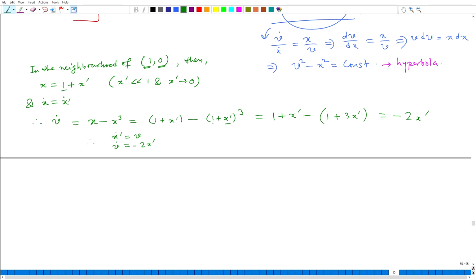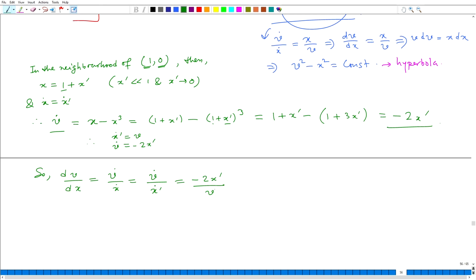You can simply write dv dx will be equal to v dot by x dot, and x dot you can write as x prime dot, and v dot is minus 2 x prime, and x prime dot is nothing but equal to v.